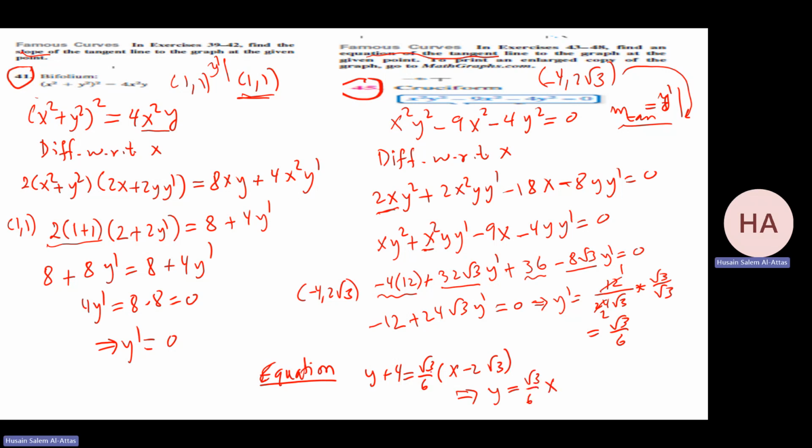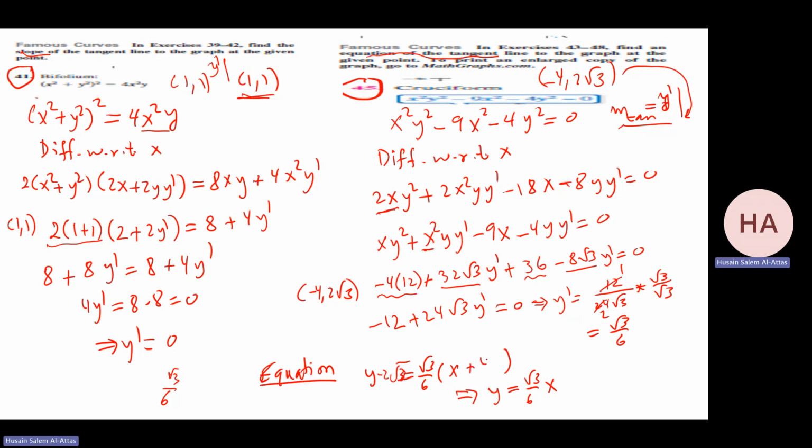Which is y equals square root of 3 over 6 times, no, wait a minute. This is x, y minus 2 square root of 3.